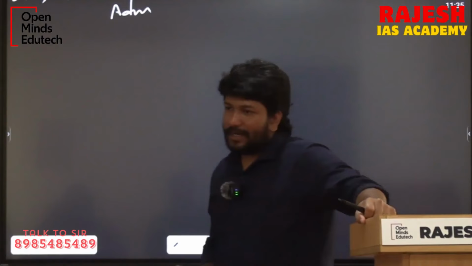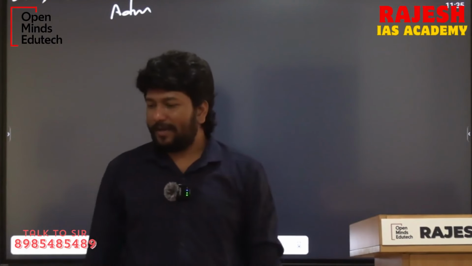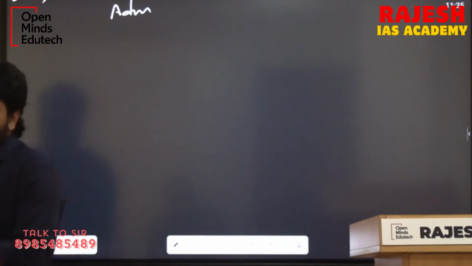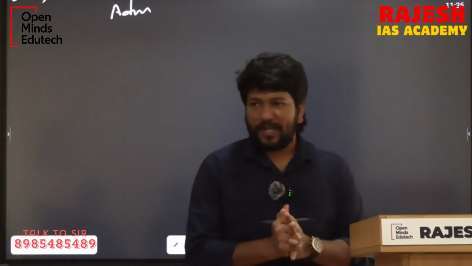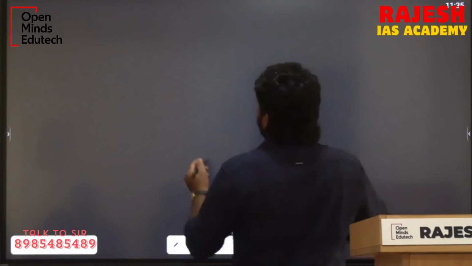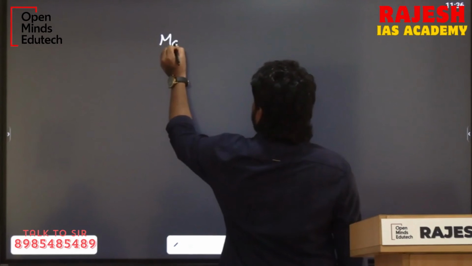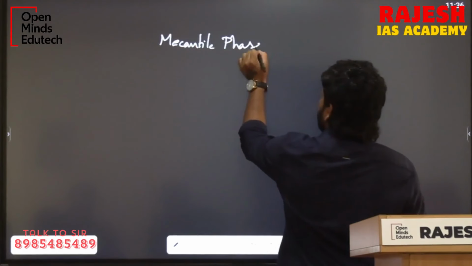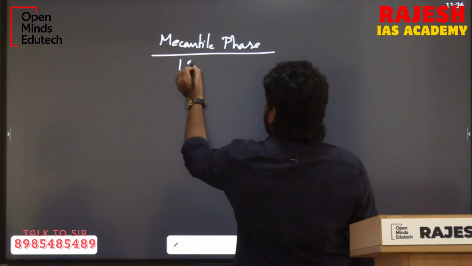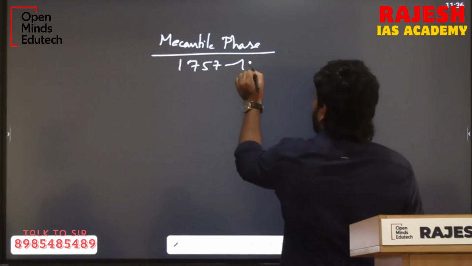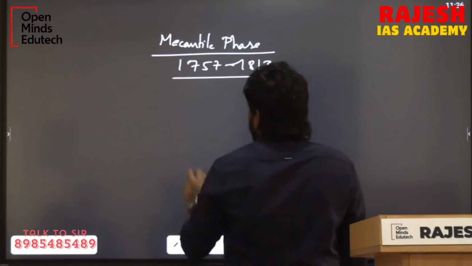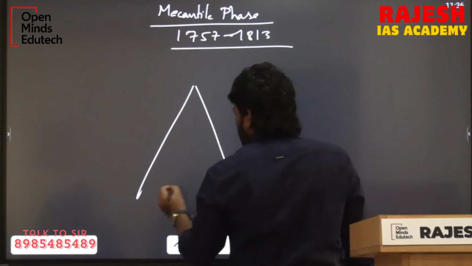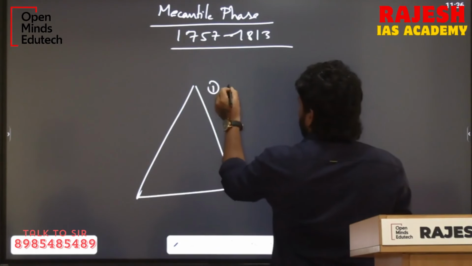So put the heading: Mercantile phase, as the main heading. Then I will discuss the industrial phase. First we will complete the mercantile phase, then the industrial phase. I will discuss the company motto.